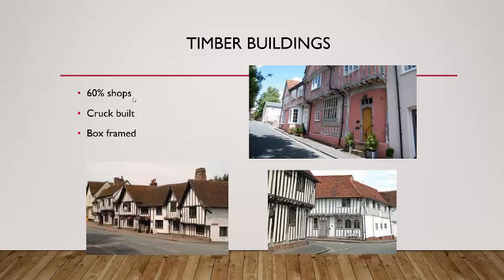In terms of the method of construction, the most common methods were either called cruck construction or box framed. Cruck refers to the roofing arrangement. If you can imagine a wishbone shape, that would be a cruck, so like multiple wishbone shapes, and the bit that carries all the strength is up in the roof, up in the very top where the two parts meet each other.